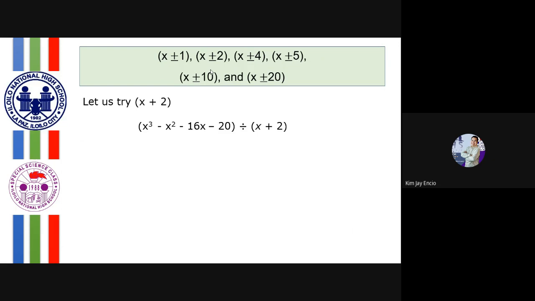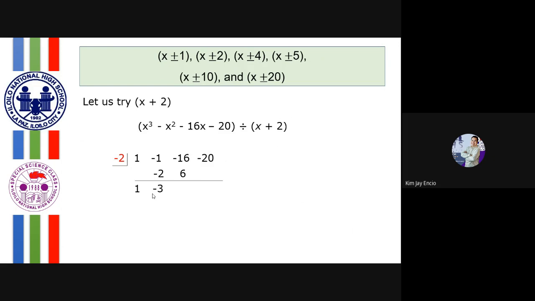If we try x plus 2, then of course, x plus 2 equals 0, so that's negative 2. Let me try if negative 2 is a root. Bring down 1. Multiplying them, we have negative 2. Adding them gives negative 3. Next, negative 2 times negative 3, we have positive 6.